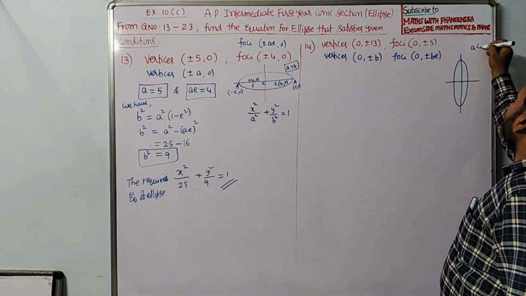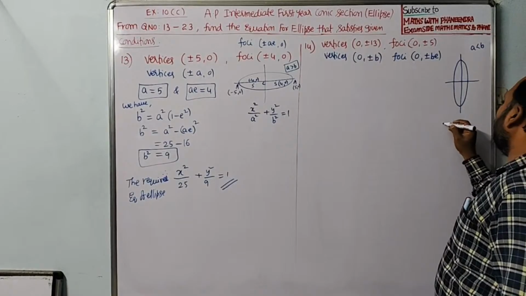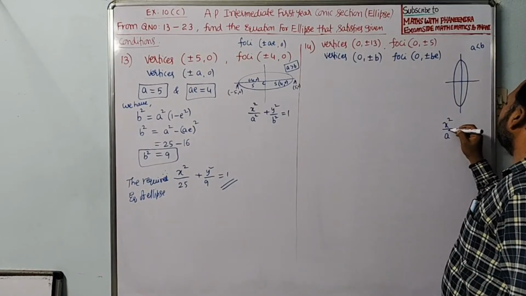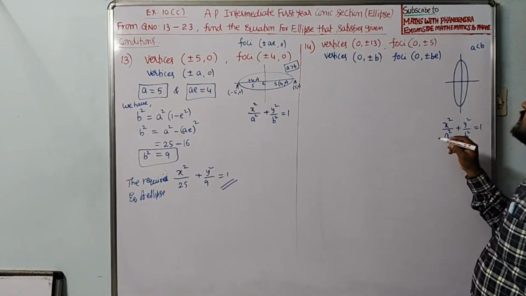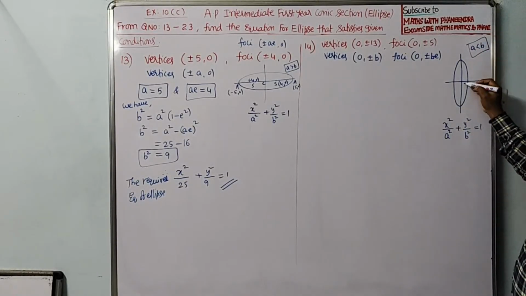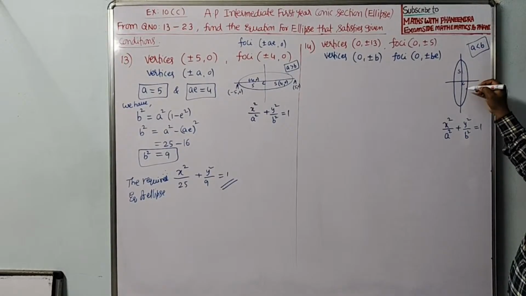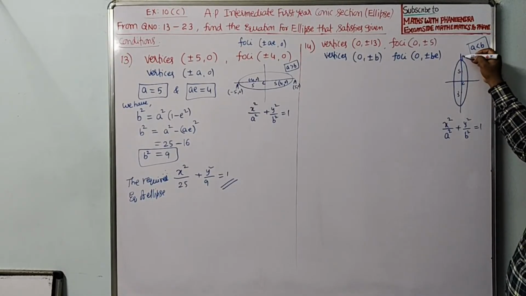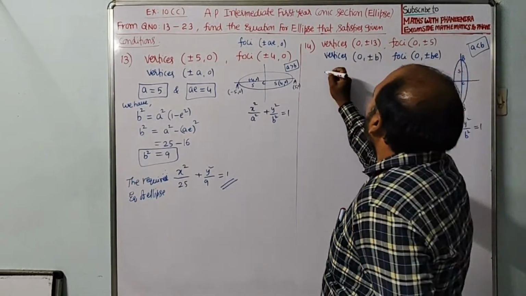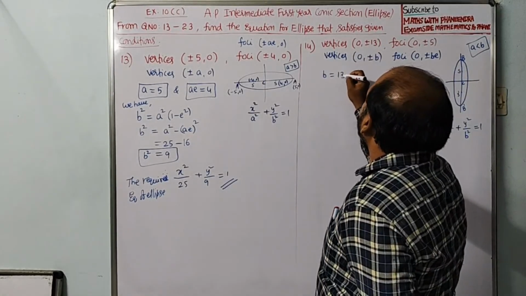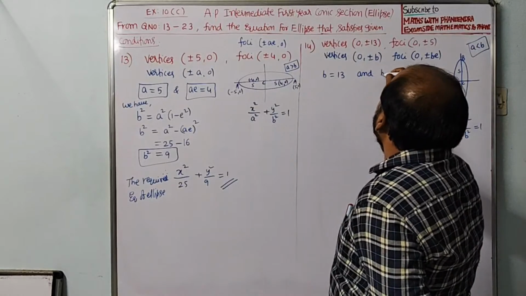In this case a is less than b, and the equation is x square by a square plus y square by b square equal to 1. But the case is a is less than b, dear students. Here this is the center, this is foci, this is b, this is b dash.